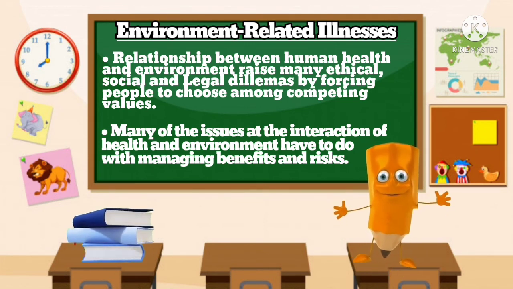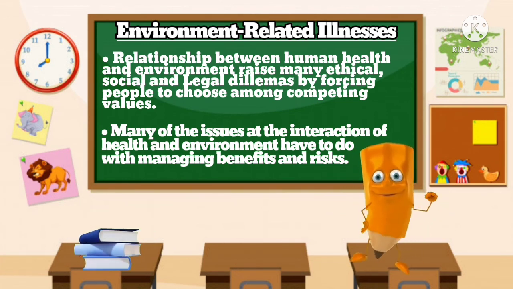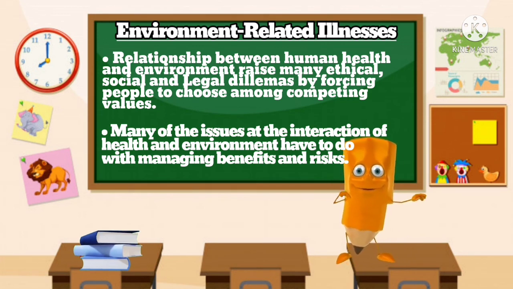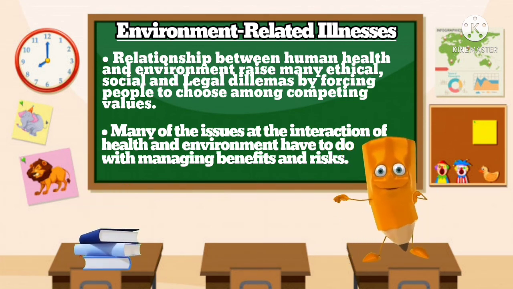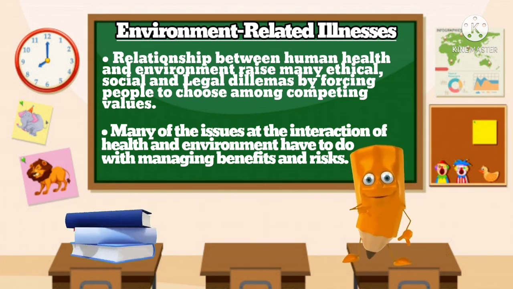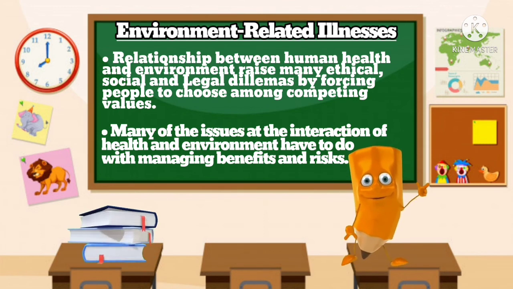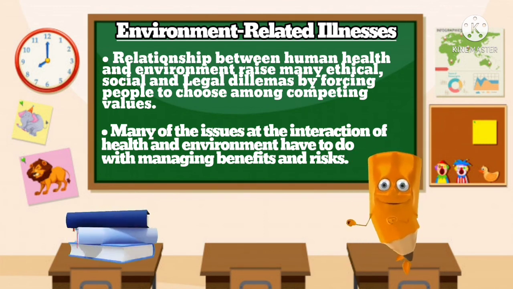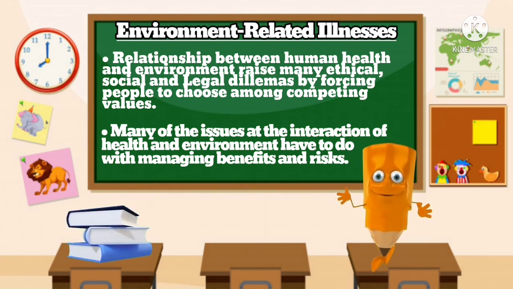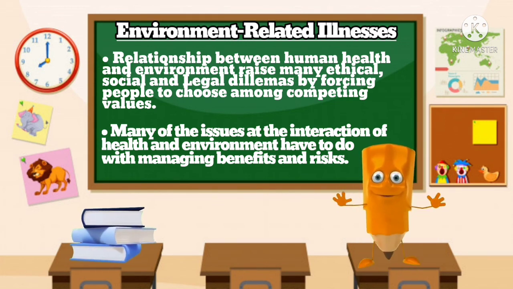For example, pesticides play an important role in increasing crop yields, but they can also pose hazards to human health and the environment. Alternatives to pesticide use could significantly reduce agricultural productivity, leading to higher food prices, which would be a problem in some parts of the world.